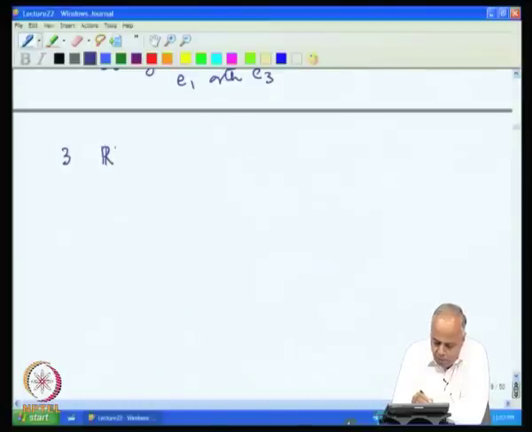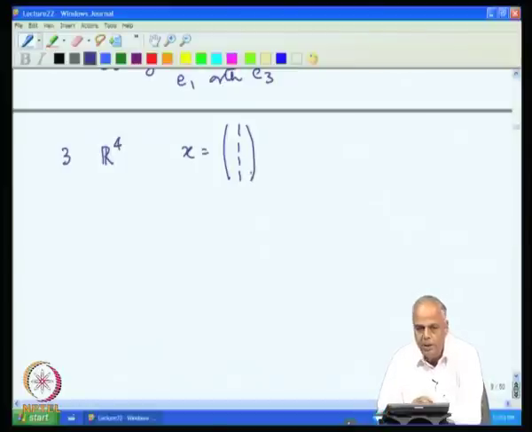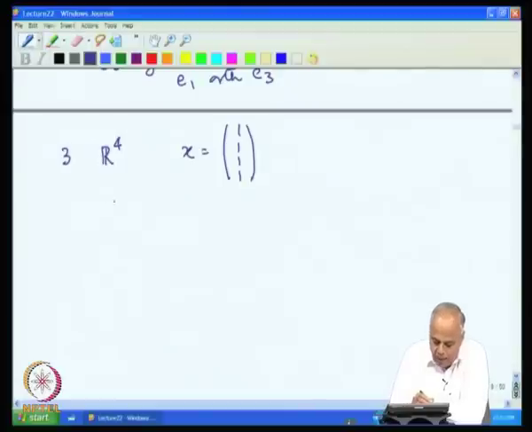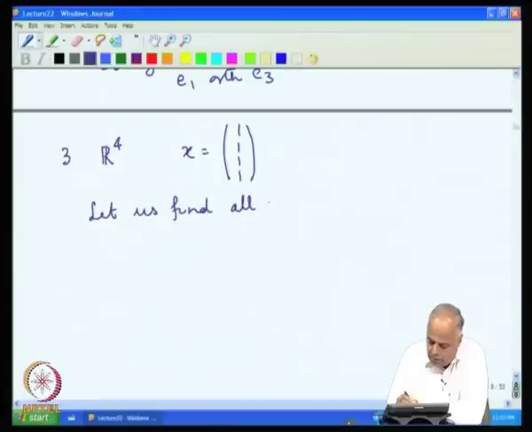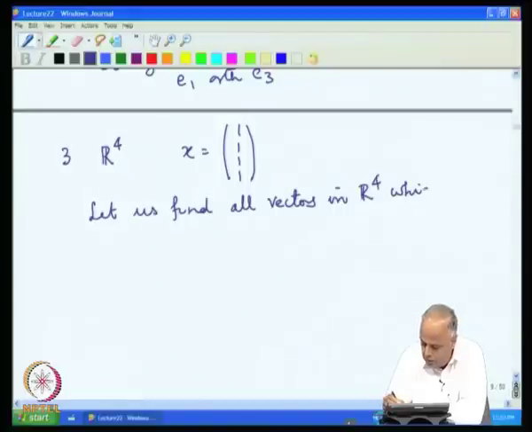Let us look at another simple example. Consider R 4, consider the vector x equal to (1, 1, 1, 1). Now, let us find all those vectors which are perpendicular to x. So, let us find all vectors in R 4 which are orthogonal to x.